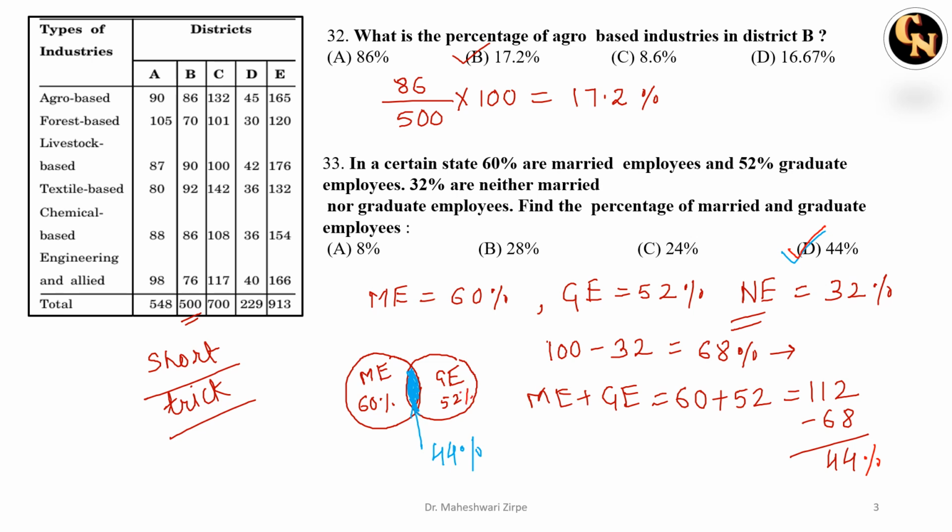You do the sum and subtract it from the total, that is 100 minus 32, because the 68% indicates they are either graduate or married.